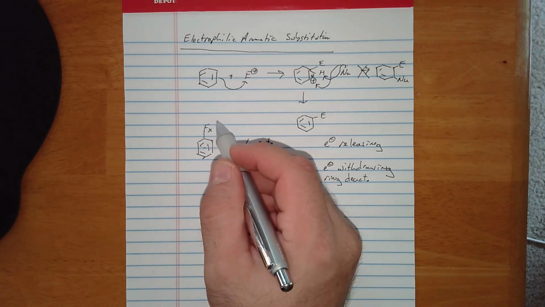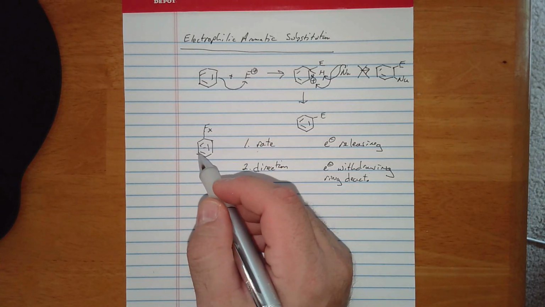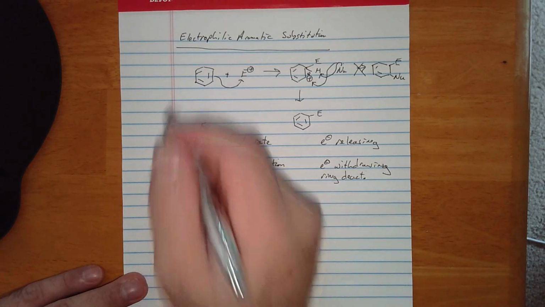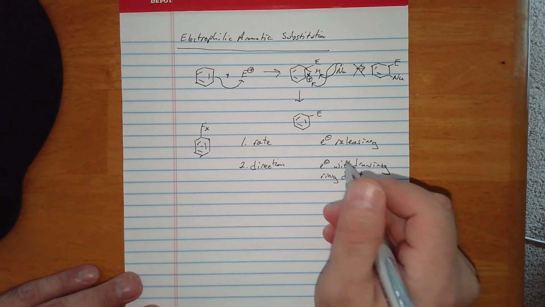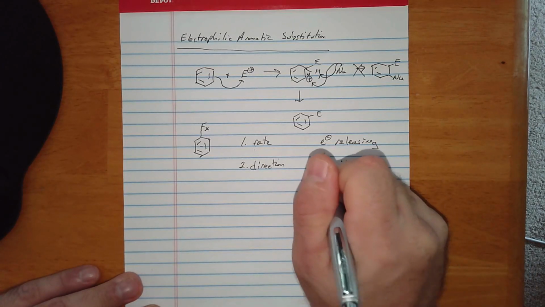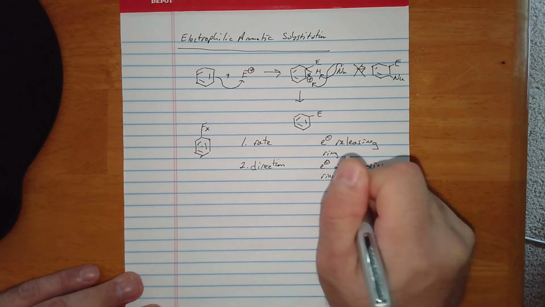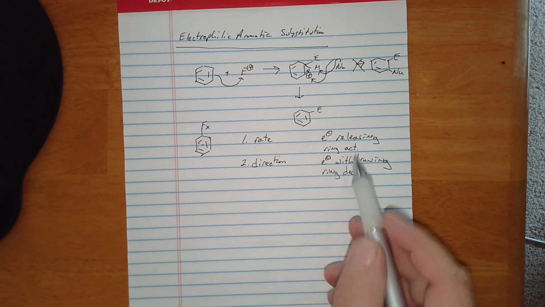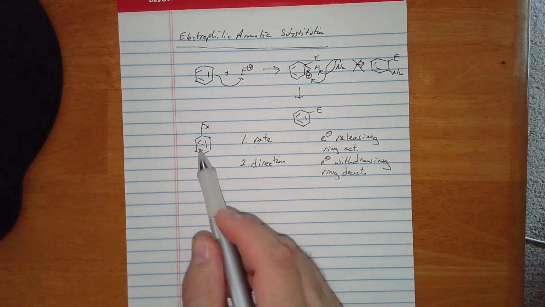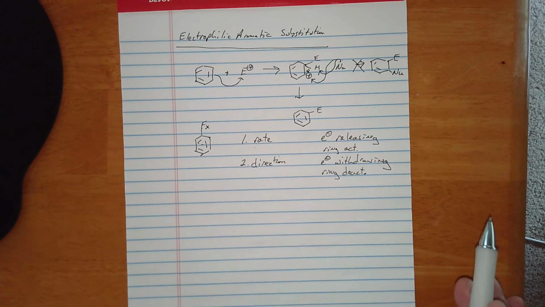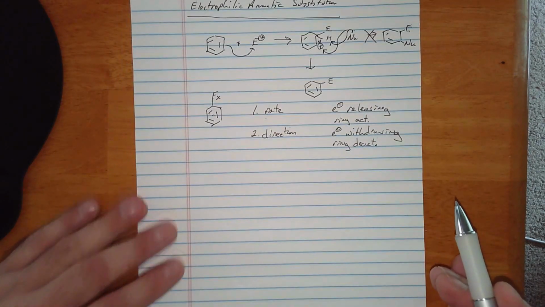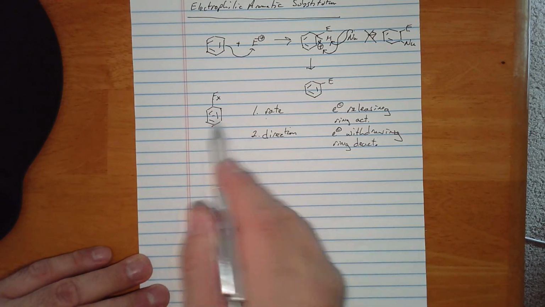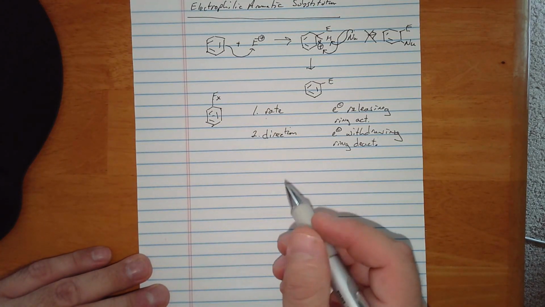These are functional groups that release electron density into the ring, they increase the nucleophilicity of the ring, and they have rates faster than benzene, and so these are often called ring activators. Okay, so how do these functional groups affect rate? Fairly straightforward, nothing too difficult in terms of trying to figure out how it happens and so forth.